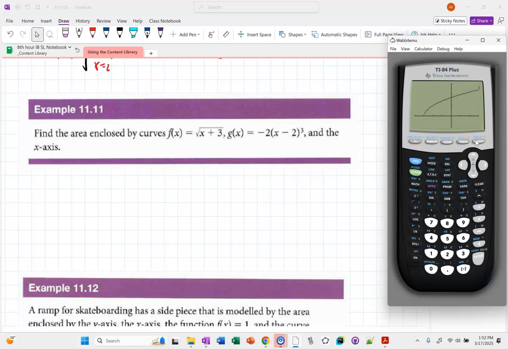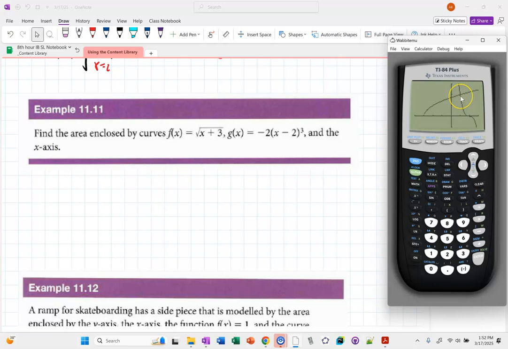So there's my first function. There's my second function. So I'm looking at this area enclosed by the two curves and the x-axis. So if I think about it, up to here, that's just the area under the first curve, right? And after this point, that's just the area under the second curve, right?